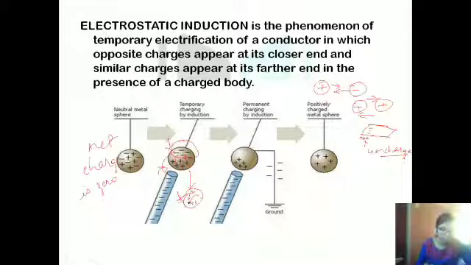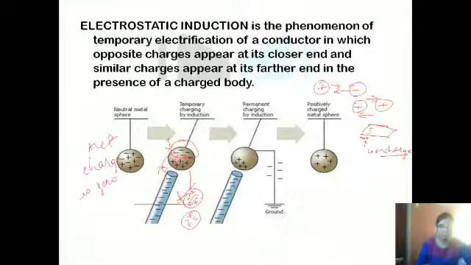They can easily move freely. So after some time these charges will move freely and will be uniformly distributed throughout, such that the net charge becomes 0. So there is temporary electrification of the conductor only when the charged body is brought near it.